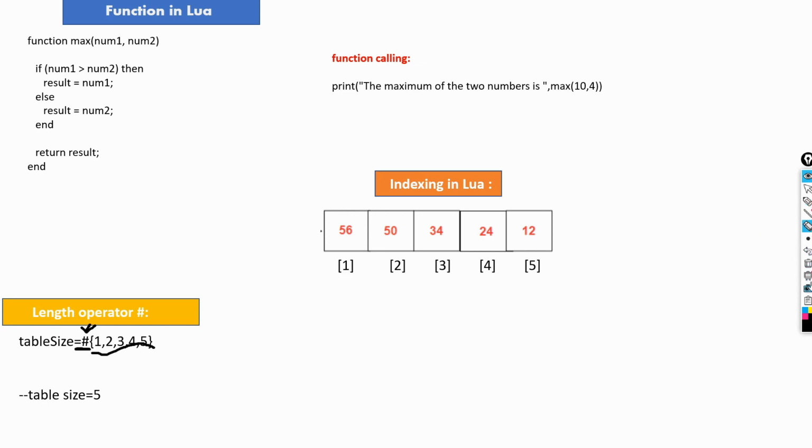How many items is it holding at present? 1, 2, 3, 4, 5, and its size will be 5. Means if you write this in front of any data type, like an array or a list, it will return the number of values present, the list size. Those things are not there in C++. That's why I told you this is also a very important thing. In future you will see code written like this. Then I think now you can understand.